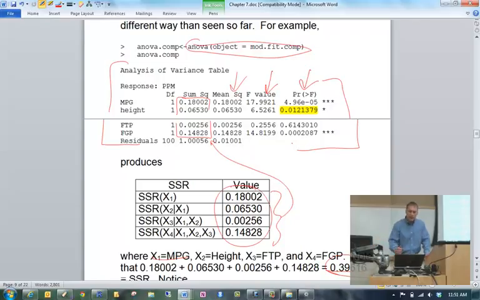For example, you may think that this test statistic of 6.5 represents, given MPG is in the model, the benefit from adding height to that model, so that you would have height and MPG only in the model. That's what you would think. Unfortunately, that's not exactly true.